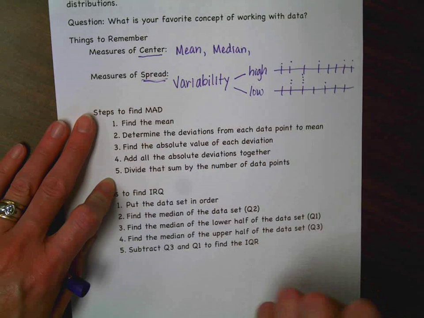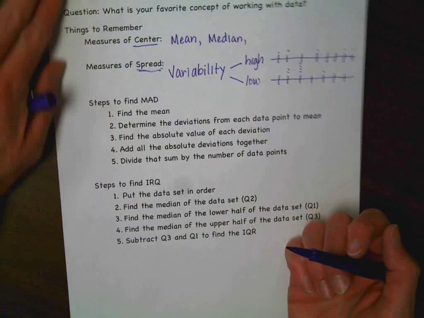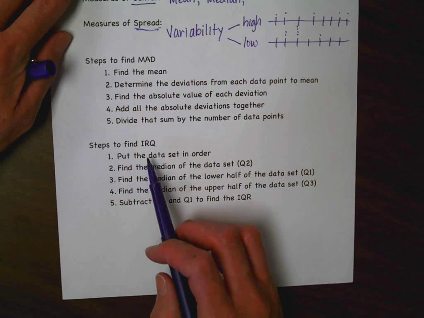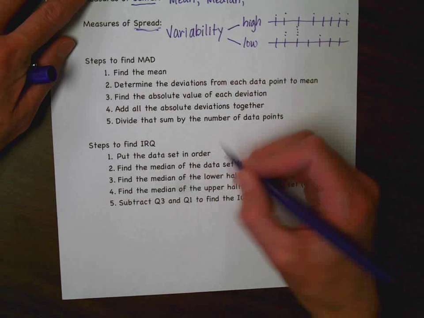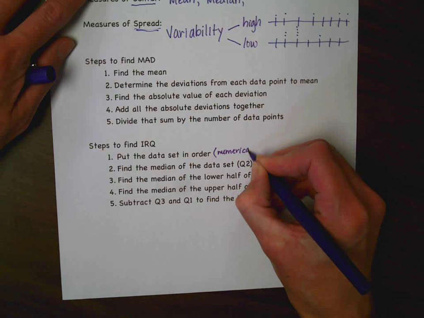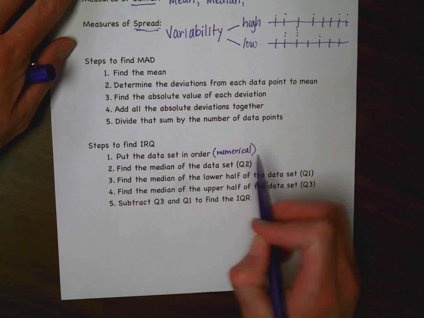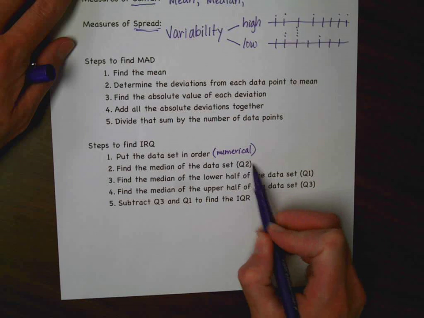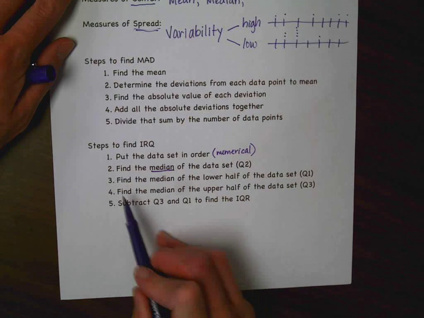So boys and girls, this set of notes is truly just a reminder of all of the stuff that we've been working through. Steps to find the IQR, interquartile range: you put the data in numerical order. We could add the word numerical there so that you remember it has to go either least to greatest or greatest to least. Then you're going to find the median of that data set, and it becomes Q2, the median. Remember, median is Q2.